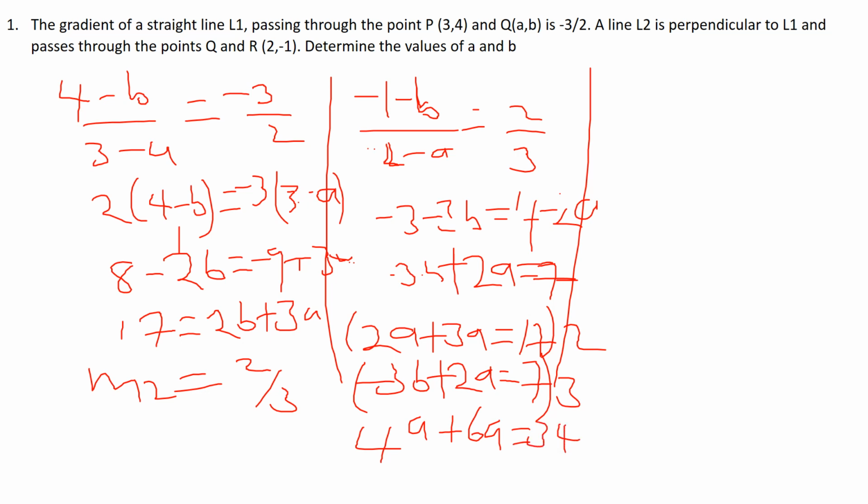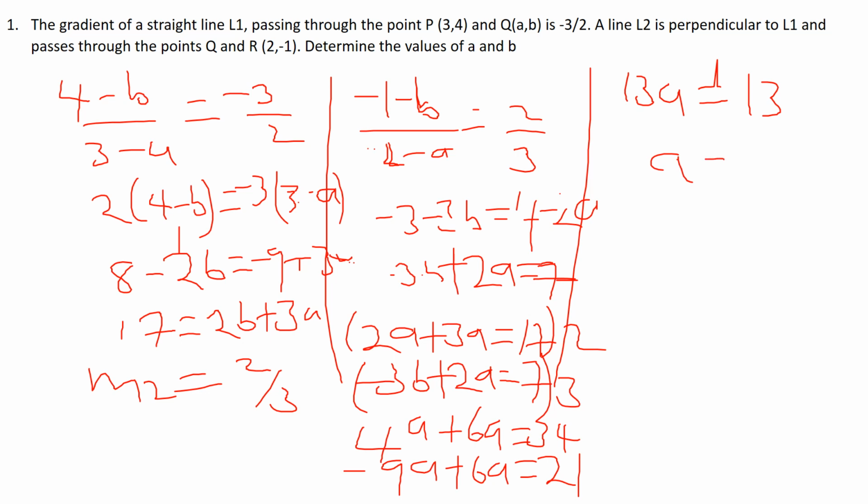And the second one will be equivalent to negative 9b plus 6a, and this one is equals to 21. So if I subtract, I will have 4 minus 9, which is equivalent to 13b, is equals to 13, and b here is equals to 1.